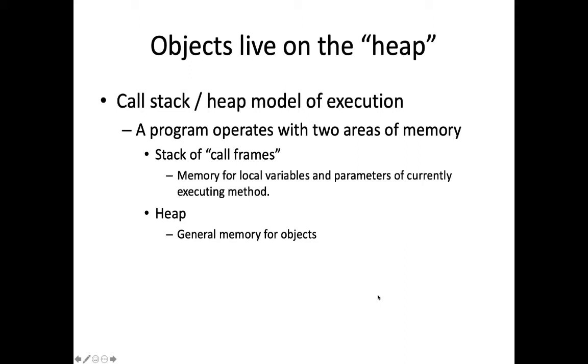The reference types, basically anything that's an object, are different. What's in the call frame as the value of the local variable is really a pointer, a memory address into memory where the object actually lives. That piece of memory where objects live, we call the heap.